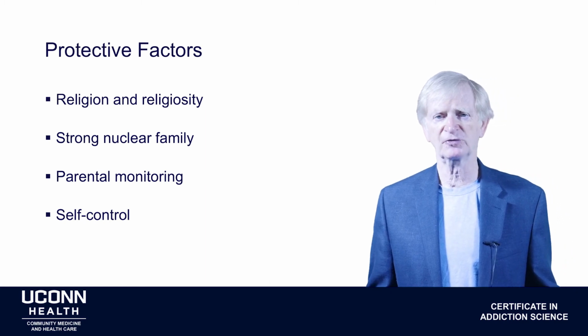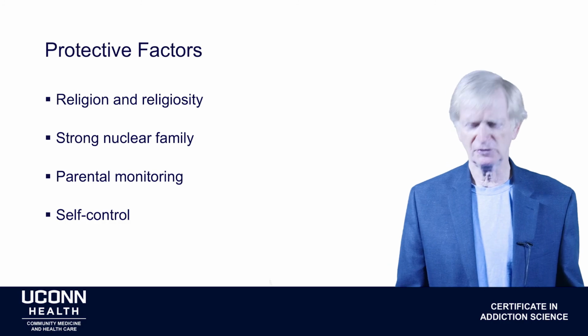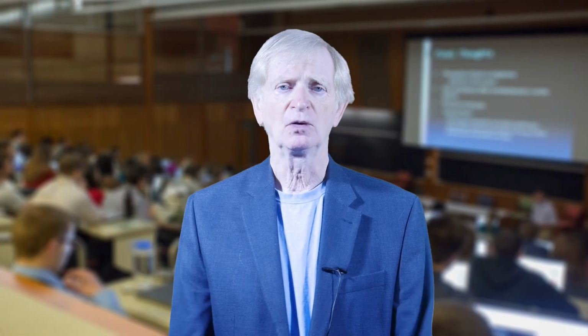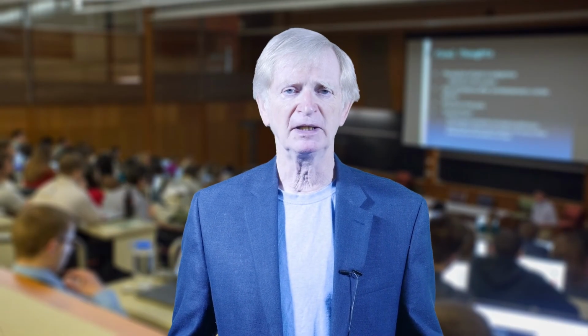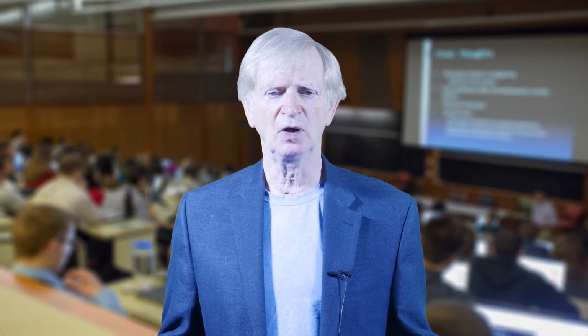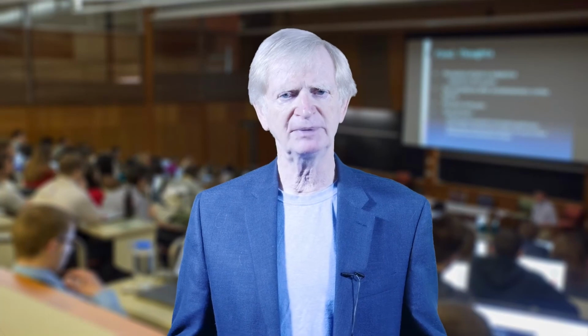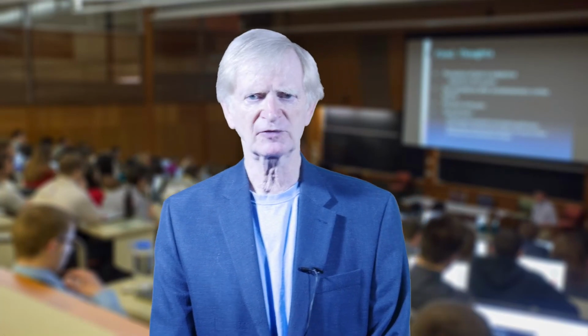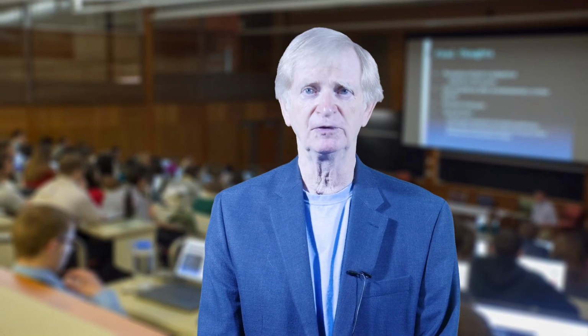Some of that is due to personality, some of it is due to training. What all of this implies is that risk and protective factors can be used to understand how an epidemic gets started, how it progresses, and perhaps how it can be reversed.